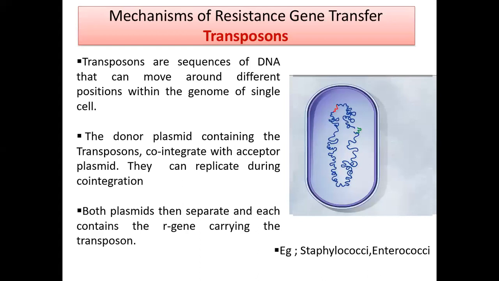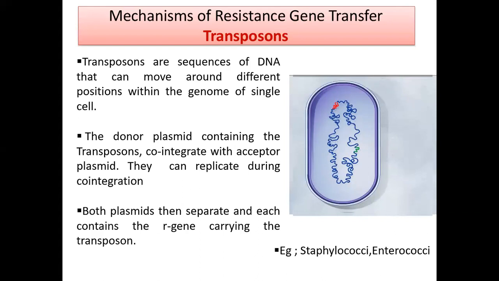And now you can see the green part, it can be detached, right? So now you can see the red transposon is attached, and that green part moved from here to here.